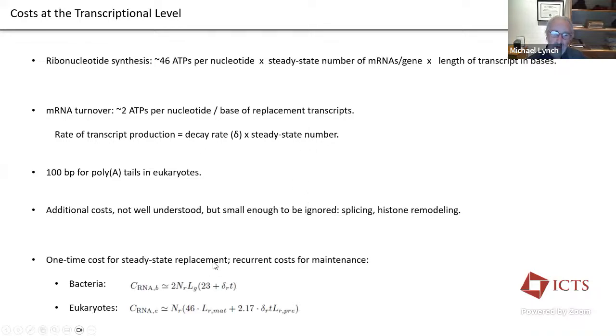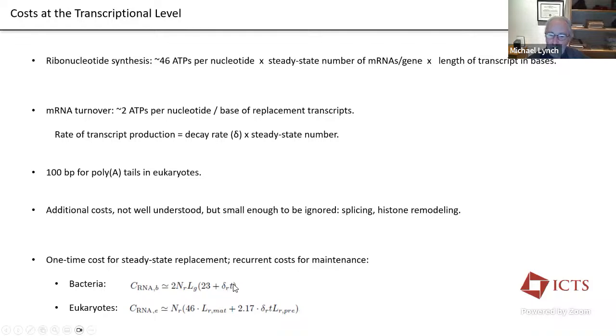Bottom line, when you put all these together, you again get fairly simple expressions for the cost of a gene at the RNA level in bacteria and eukaryotes. It's a function of the number of transcripts in the cell at steady state, the length of those transcripts, the decay rate, and the cell division time.